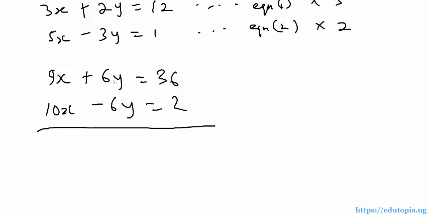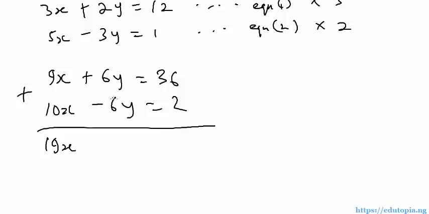Now when you look at this, we'll try to eliminate this y, or say this 6y, and to do this, are we supposed to perform an addition or subtraction? We're supposed to add. Okay, now let's proceed by adding. This 9x plus 10x will give you 19x. 6y plus minus 6y means 6 minus 6, which gives you 0.